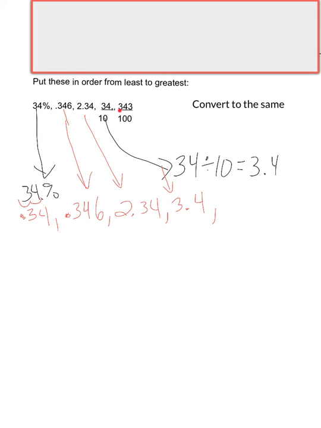All right, and I have one last term, and that is right here. We have 343 over 100. You can see this is a fraction, so guess what this one has to be? You got it, a decimal. I'm going to change this fraction into a decimal by simply dividing, because that's how I convert from a fraction to a decimal. So for this one, it's 343 divided by 100.